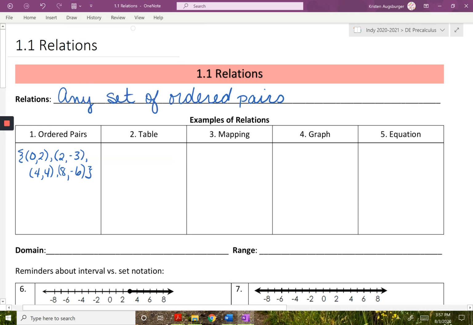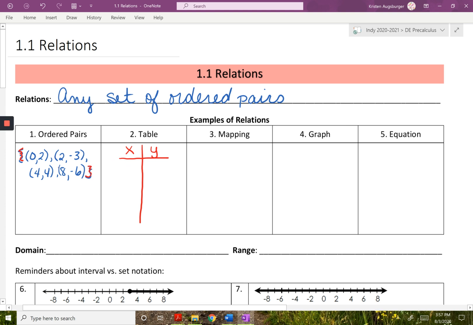For example, these squiggles are called braces. They group together all of my ordered pairs to define a relation. And basically, this relation is a mapping, and can be represented in table form. In table form, for right now, we're going to be talking about X and Y, where X is my independent variable, Y is dependent.